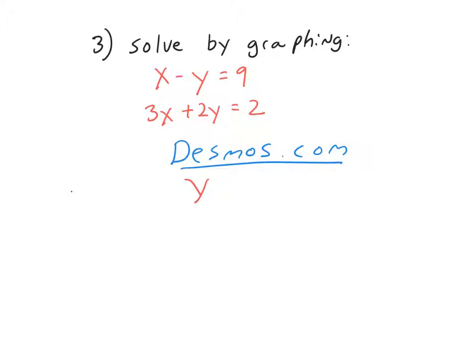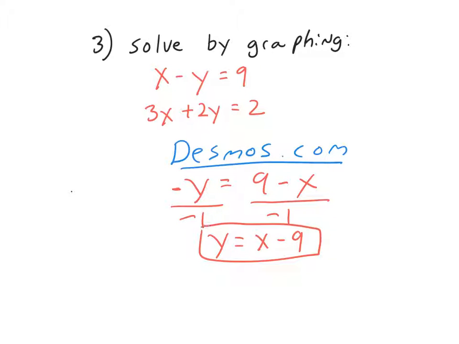Actually, let's subtract x first. So we'll get negative y equal to 9 minus x. Then divide by negative 1. We'll get y is equal to positive x minus 9. Okay, there's our first equation.